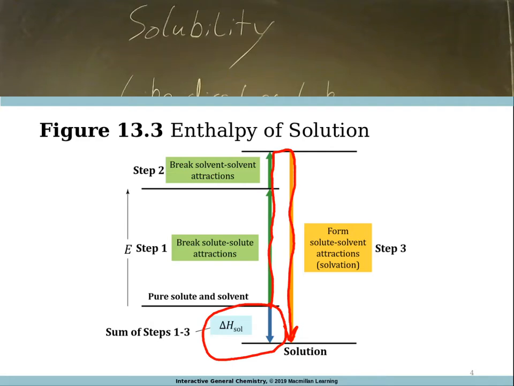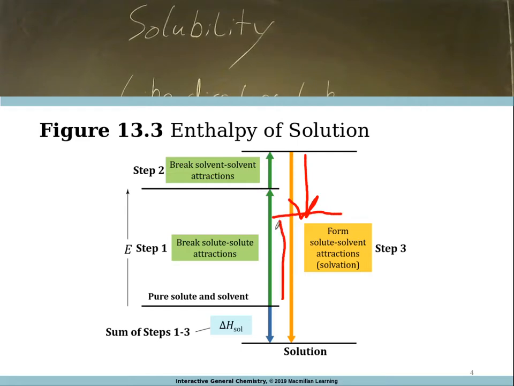Now, for things that are entirely insoluble, then the energetics here are just not favorable. Let's clear this ink here. Okay, so let's suppose that your solute-solvent attractions are not very powerful, and you end up way up here. Then your enthalpy of solvation will be a massively endothermic process.